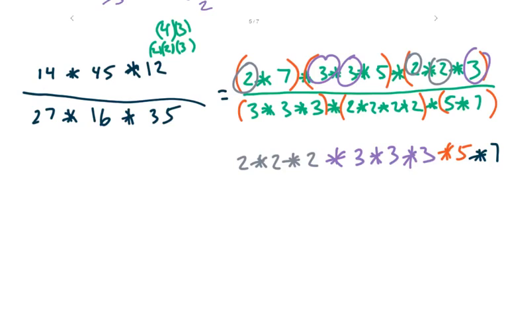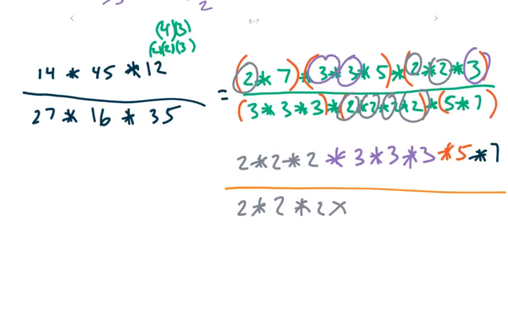Let me choose a neutral color here. Okay, so I'm going to do the same thing on the bottom. So let's see here. So I have 1, 2, 3, 4 2s, and then I have 1, 2, 3 3s, and then we have the 5.